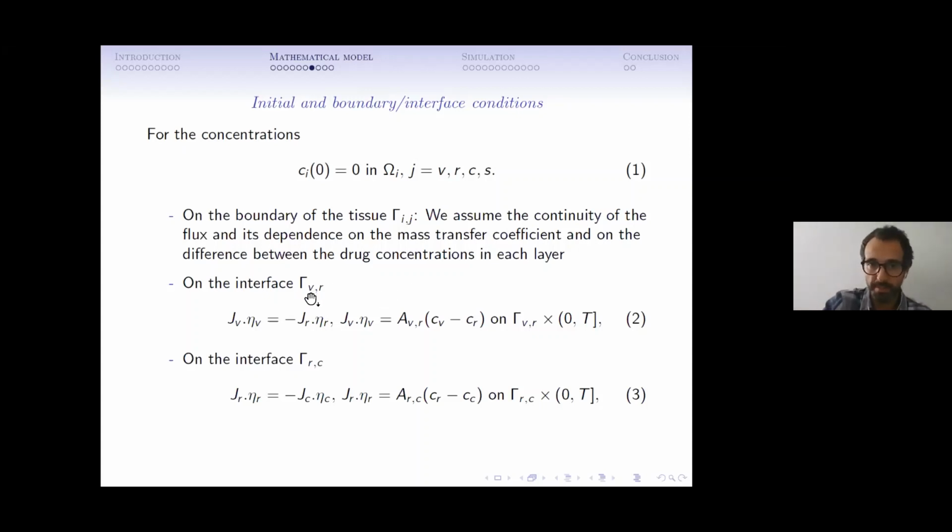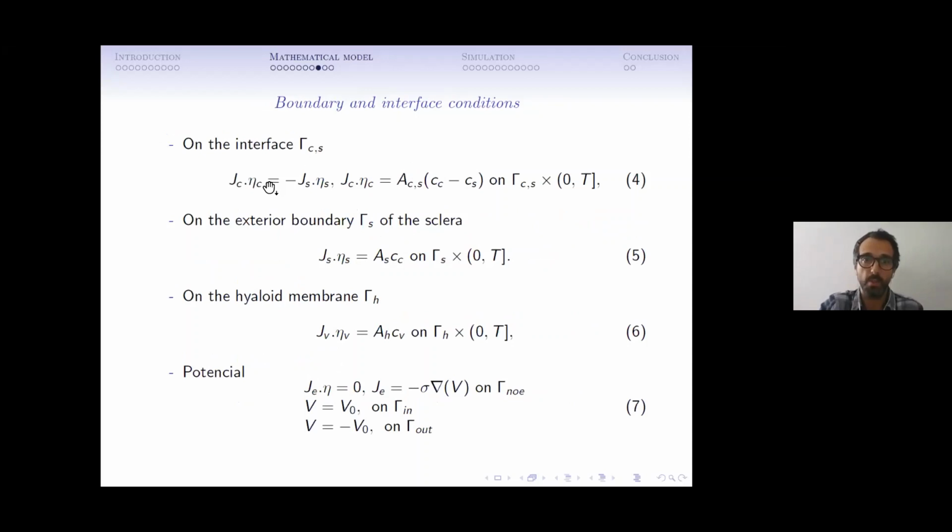Here I represent VR, the interface between the vitreous and the retina, and the choroid, and so on, the choroid and the sclera. Finally, we define what happens at the boundary of the sclera, and near the hyaloid membrane, we assume that we can lose some part of the drug.